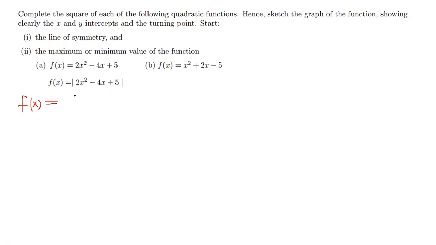So what you do here first, you factor out the 2. So when you factor out the 2, you are going to have x squared minus 2x. So follow these steps properly and clearly. And then you write your positive 5 outside. Now, most of you, what you do from here, you just go directly and divide by 2. No, that's not how you do that.